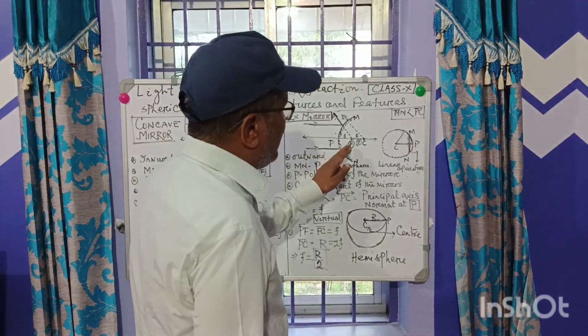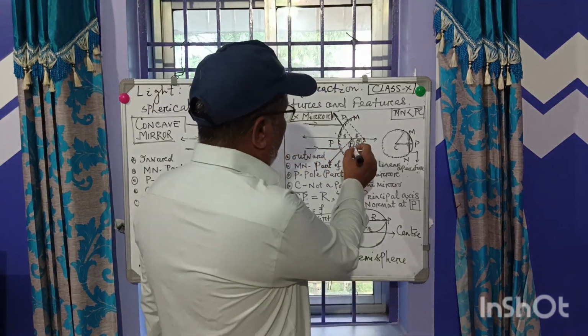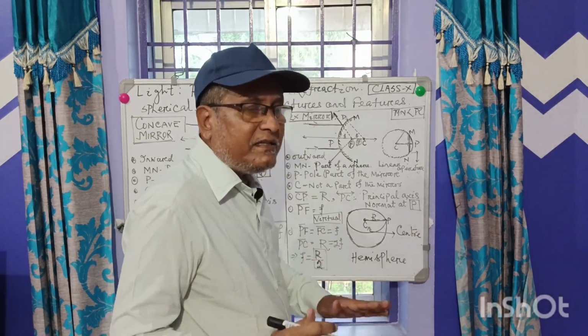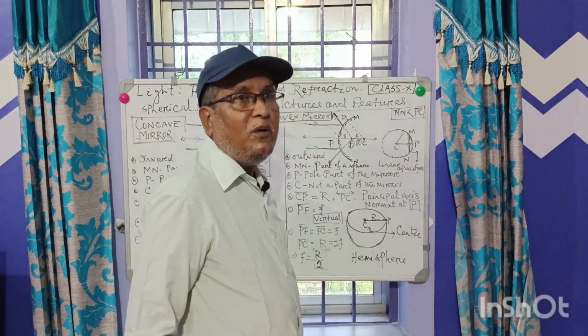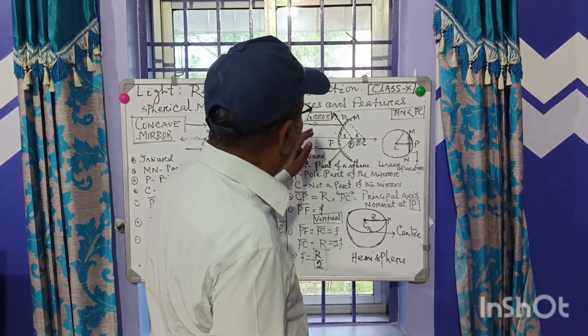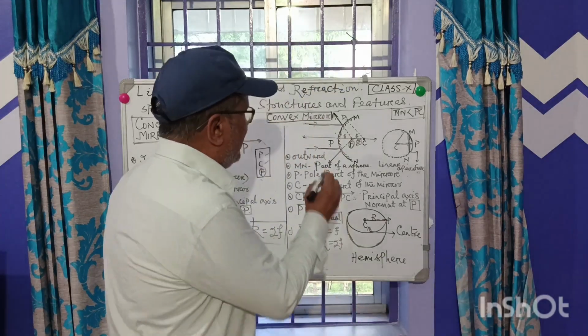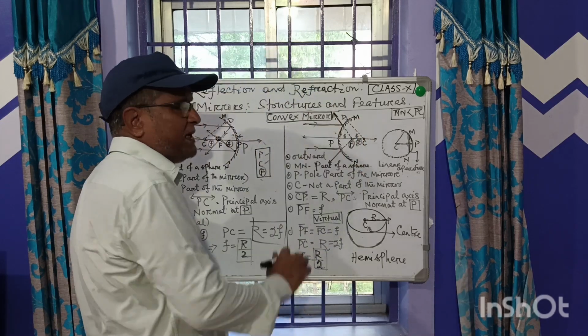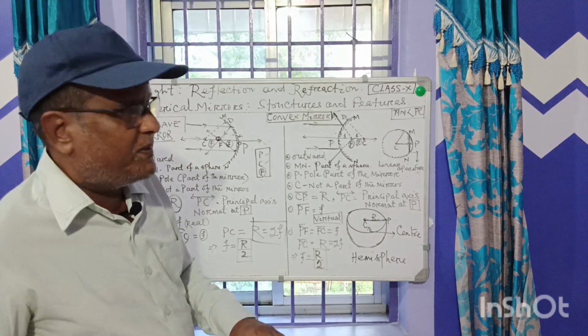Okay, now come to this side. Here F is behind the mirror, and it is called virtual. Why do we call it virtual? Look at this. Here the outer surface acts as the reflective surface.